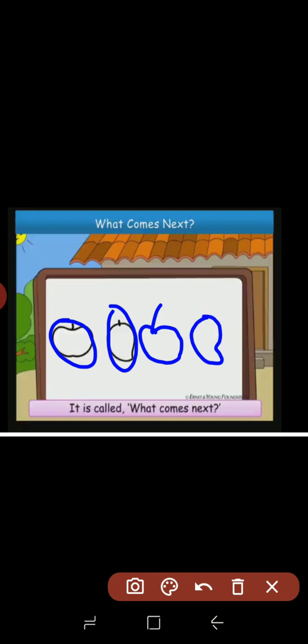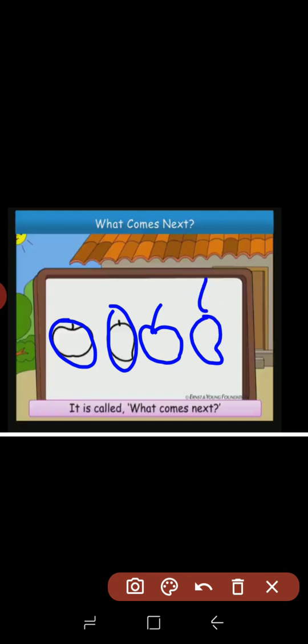Understood? So now, what comes next? It is one of the examples of a pattern. Here one apple is there, then one mango is there, then after that again we have to draw apple, then mango.